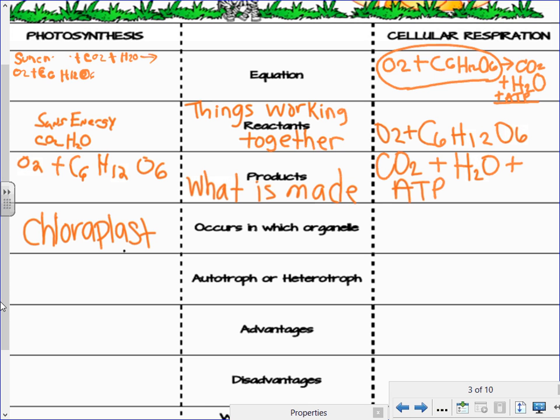Now, stop right there because I want you to ask this question. Organelle. You should be raising your hand or looking in your notes. Michael, sit down. You just have to raise your hand. Call on someone. Parts of the cell. Stop right here.